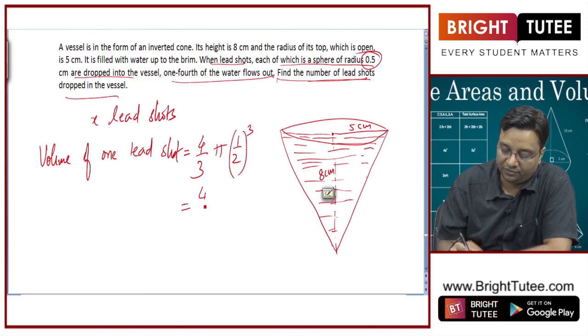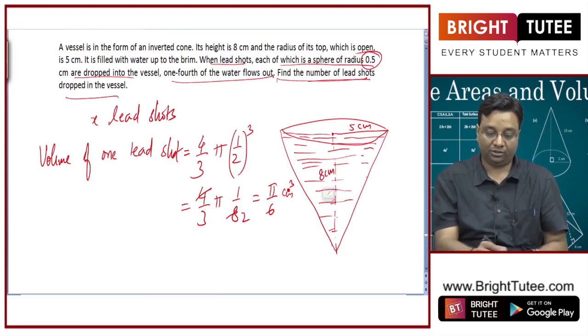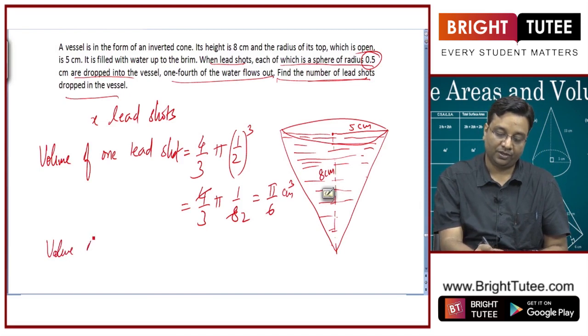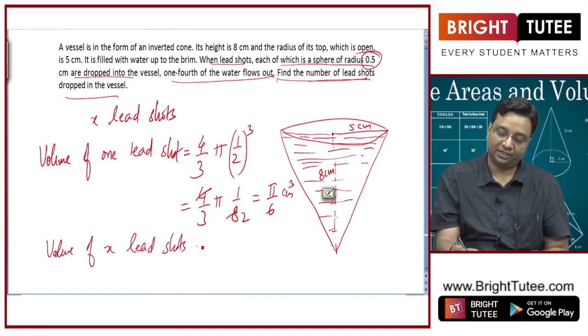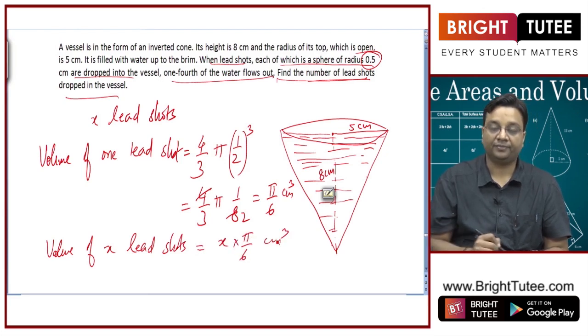Okay, so which is 4/3 pi. This is 1/8, so this is pi/6 centimeter cube. This is the volume of one lead shot. So volume of X lead shots is equal to X into pi/6 centimeter cubed.